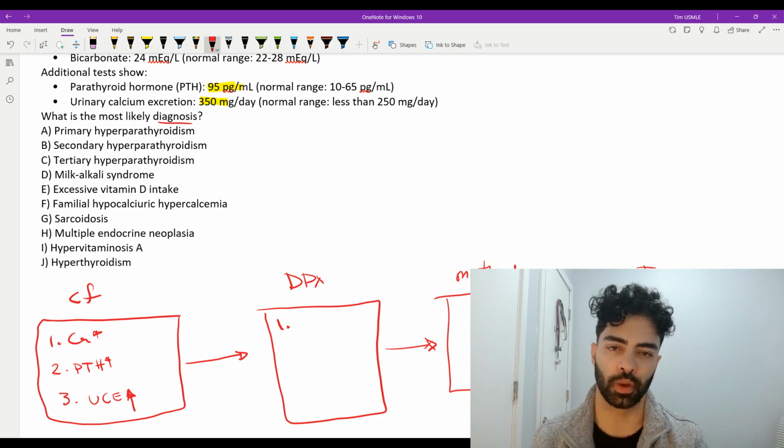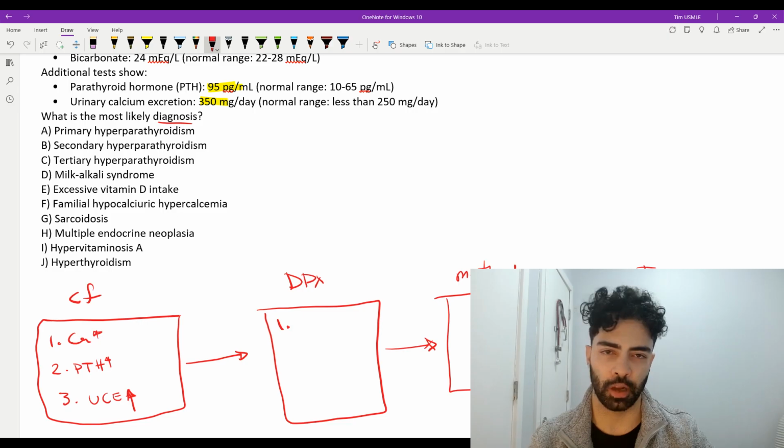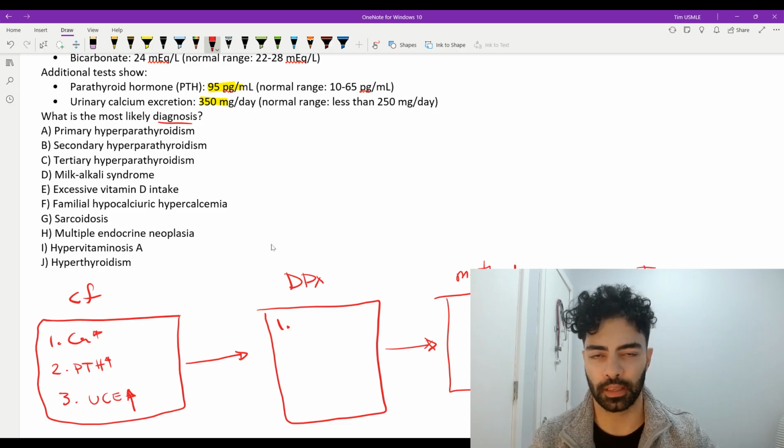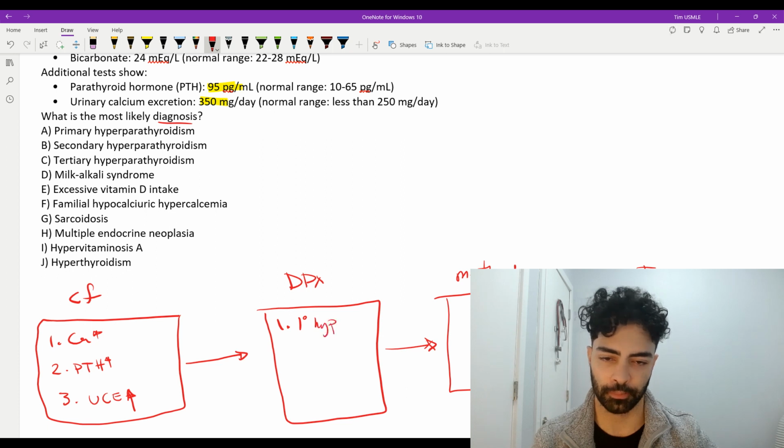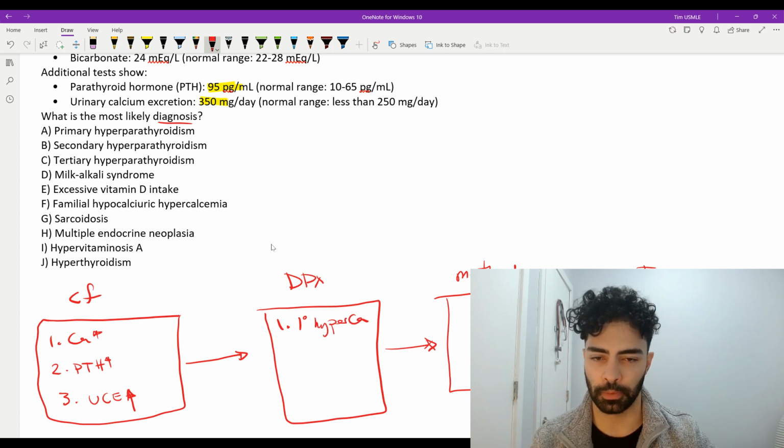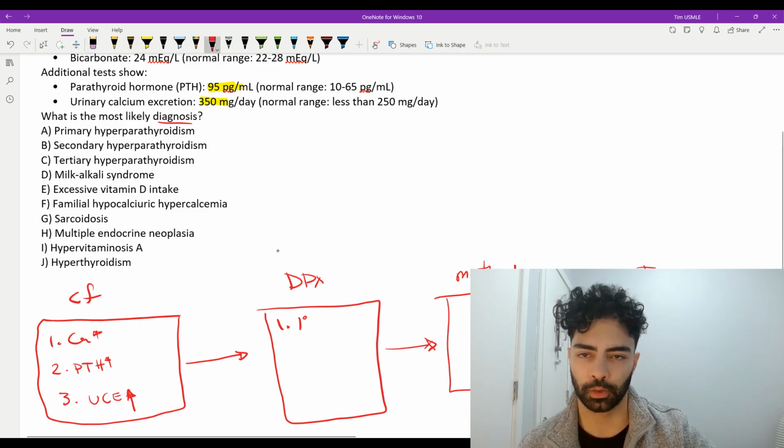And those are the same ones that you're going to be picking for your answer. So if you have high calcium, high parathyroid hormone, that is primary hypercalcemia, or primary hyperparathyroidism. I believe that is the answer to this question, but it's a little too soon to jump to a conclusion.